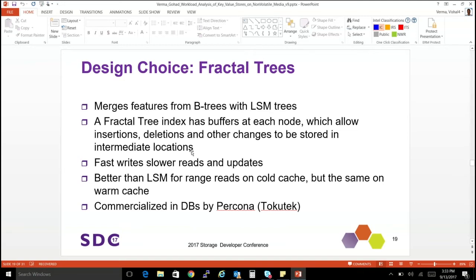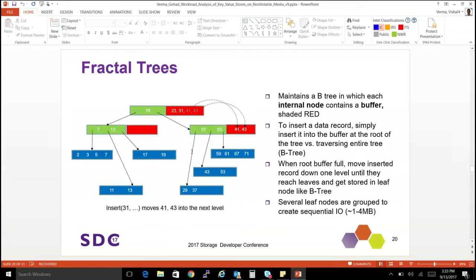It merges features from both B-trees and LSM, and it uses buffers at each node. What that does is help with faster writes. The concept is the same as B-trees, it's just that they add buffers, as I'll show in this diagram.